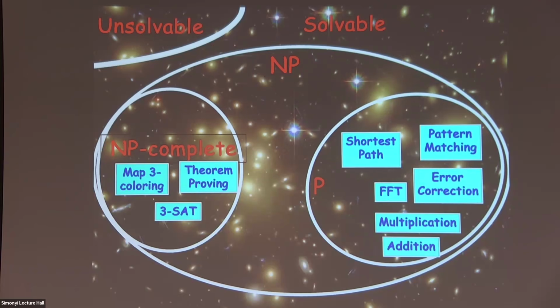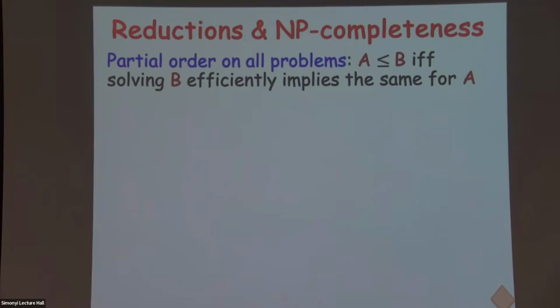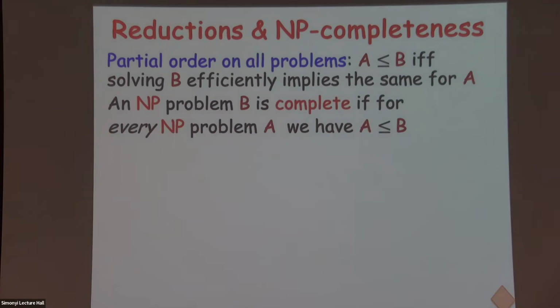So let me just define what this completeness notion is, because I want to talk a bit about it. You can define a partial order on computational problems very simply. A is at most B, which you should read as "not much harder than B", if an algorithm for B allows you to efficiently solve A. And so a problem is complete in NP if it's in NP, but it's as hard as possible, namely every other problem in NP reduces to it.